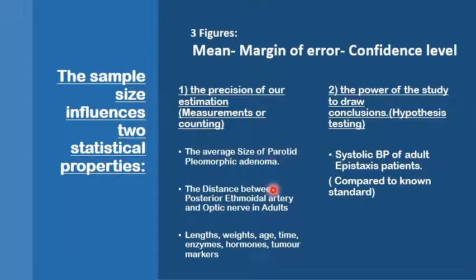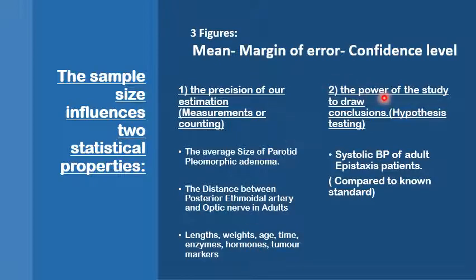In this presentation, we are dealing with continuous data from a single group. We'll see examples about measurements of things like lengths, weights, age, time, enzyme levels, hormone levels, and such like.